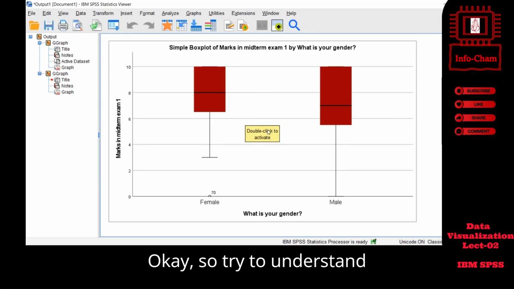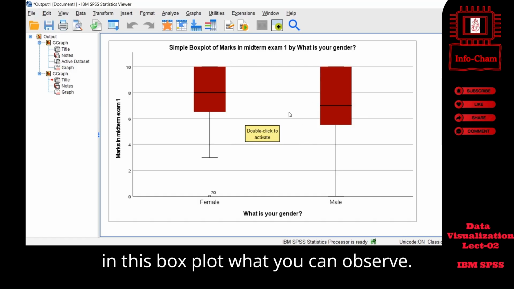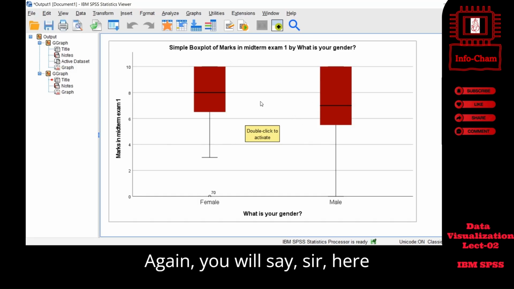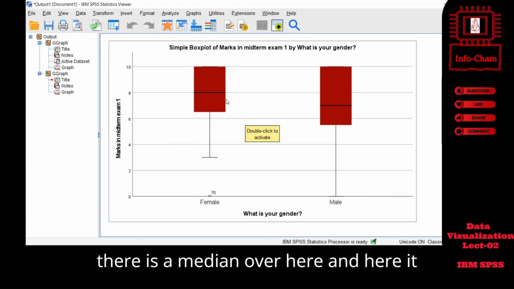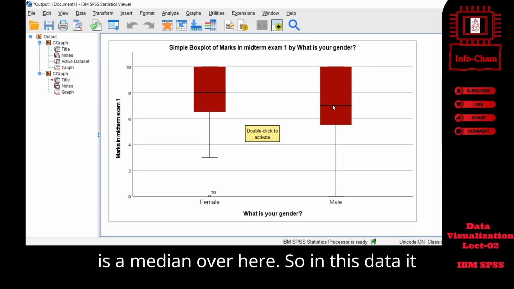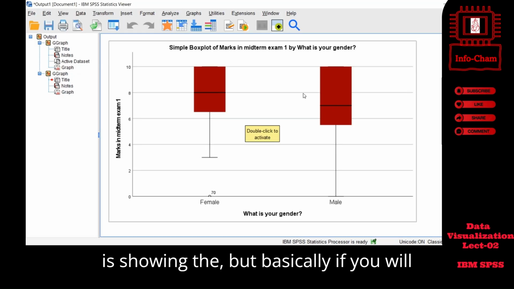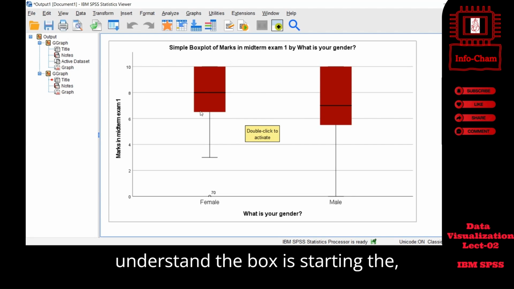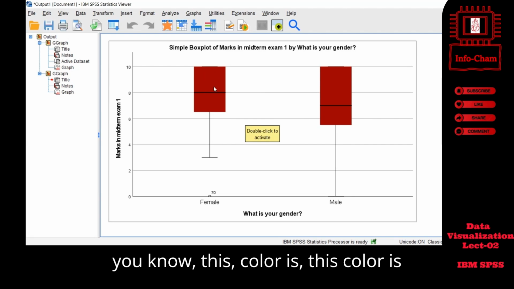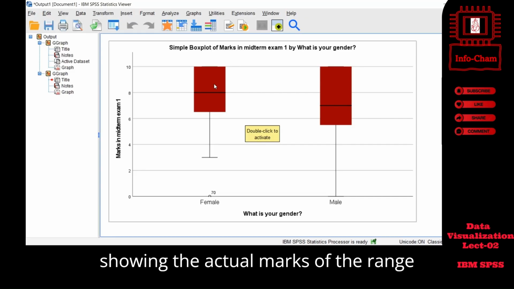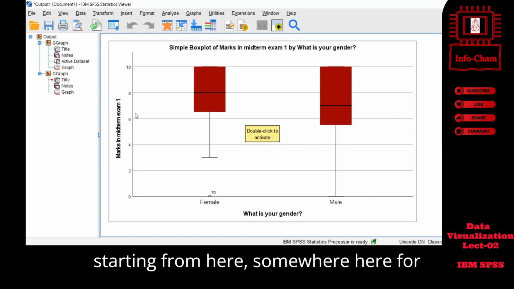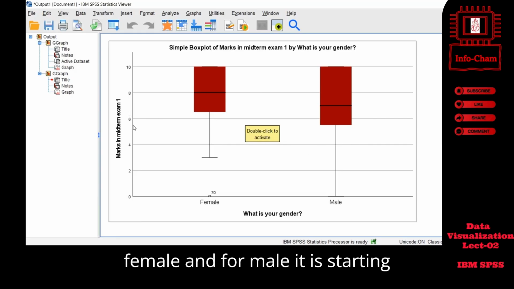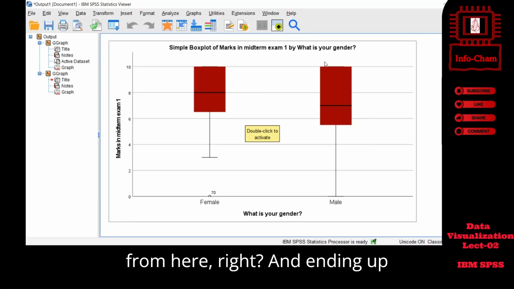Try to understand what you can observe in this box plot. You will say, sir, there is a median over here and another median over here. As a student, I can understand that the box color shows the actual range of marks, where it starts and where it ends. For female it starts somewhere here, and for male it starts from here, ending up to 10.